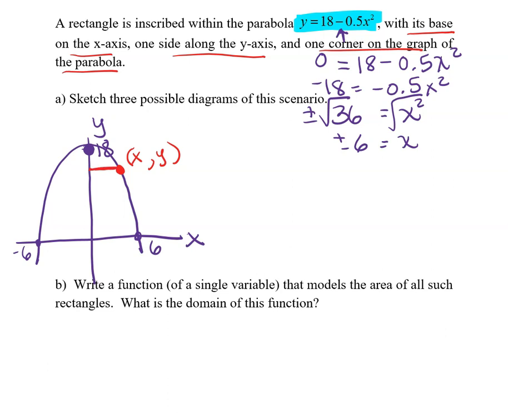And bringing in the other constraints, we know that we want one side to be along the y-axis, and then we want one side along the x-axis. So I'll draw it to there since that's where I'm placing my point, there.